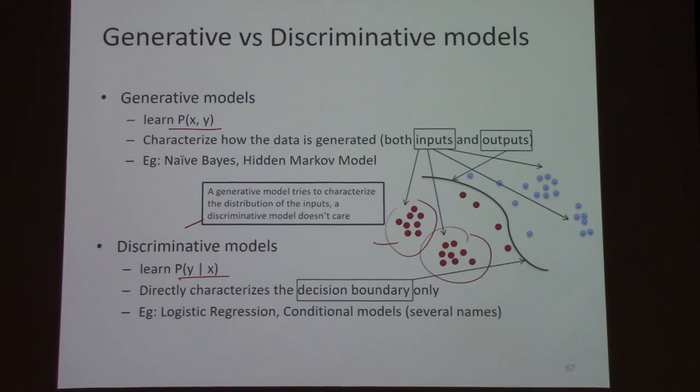I'm just going to learn how the probability of y given x works. In other words, I'm just going to directly learn the decision boundary. And this is an important difference. Generative models have their own strengths and weaknesses. Discriminative models have their own strengths and weaknesses. And I can tell you one strength and one weakness of each.